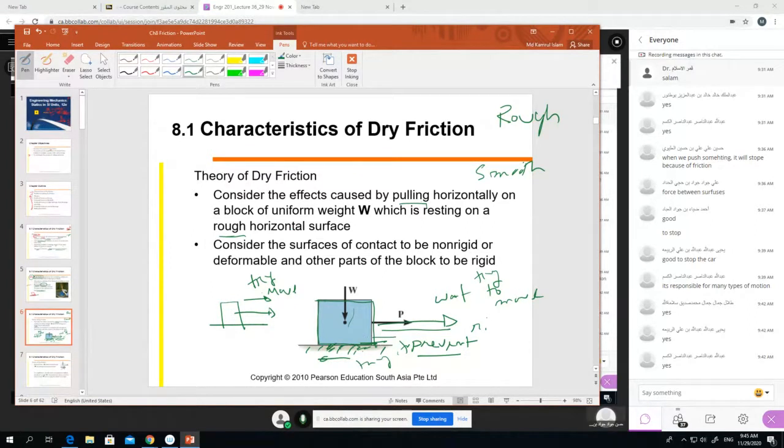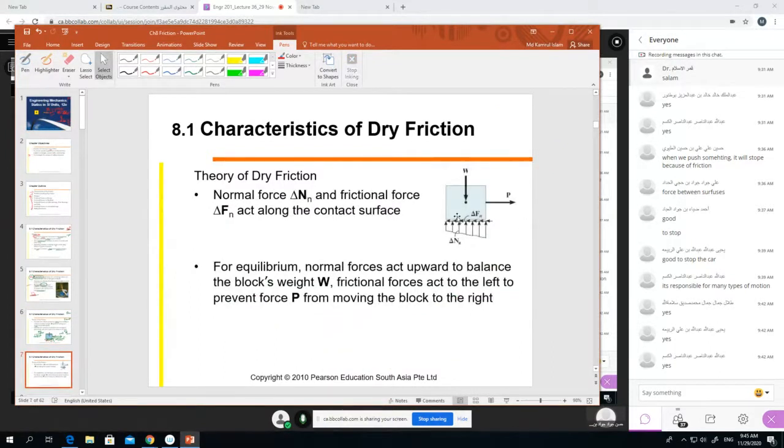What happens between the two surfaces, here and here in this picture? Imagine that very small, infinitesimal forces appear.